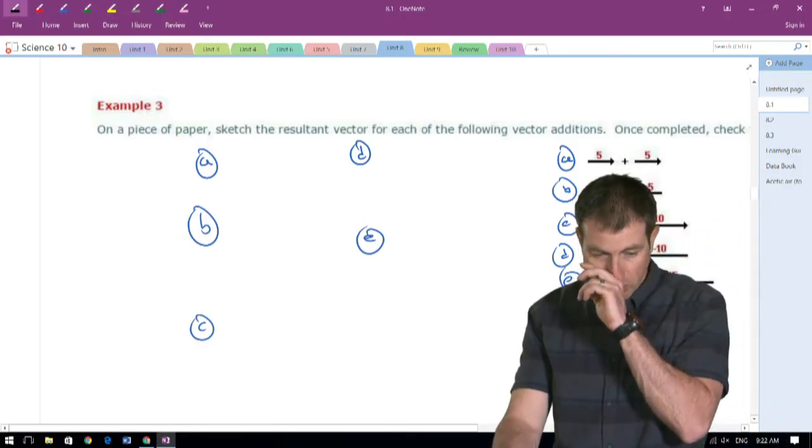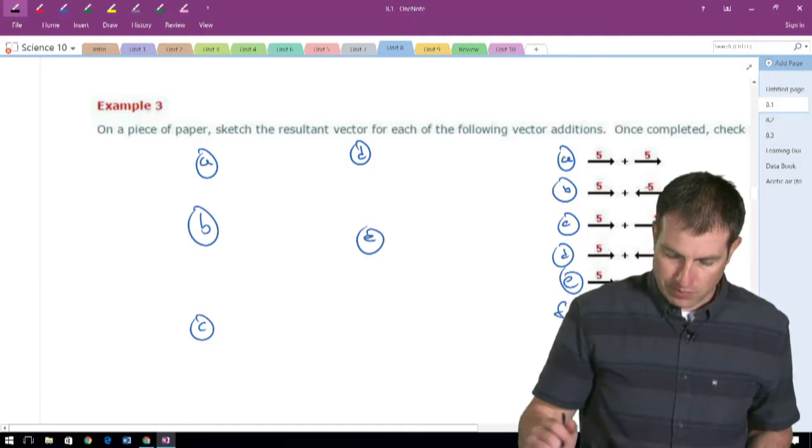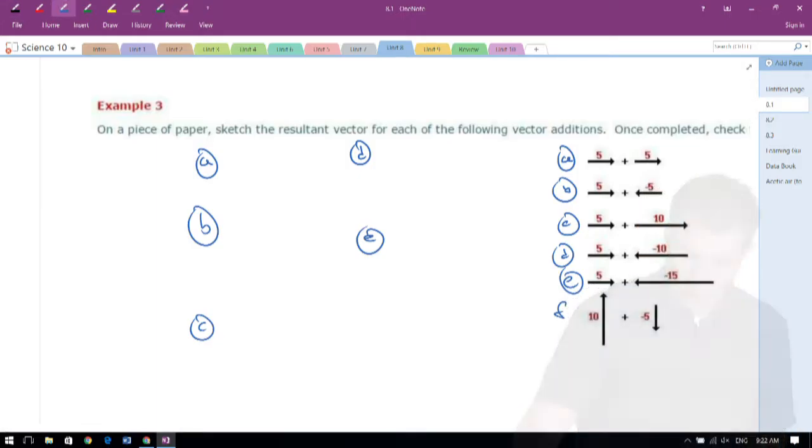All right, so there are 1, 2, 3, 4, 5, 6 examples here. And I'd like you to attempt to add these vectors together. Essentially, you're just adding arrows. The numbers are all fairly straightforward. And we'll just see if we can add them together.